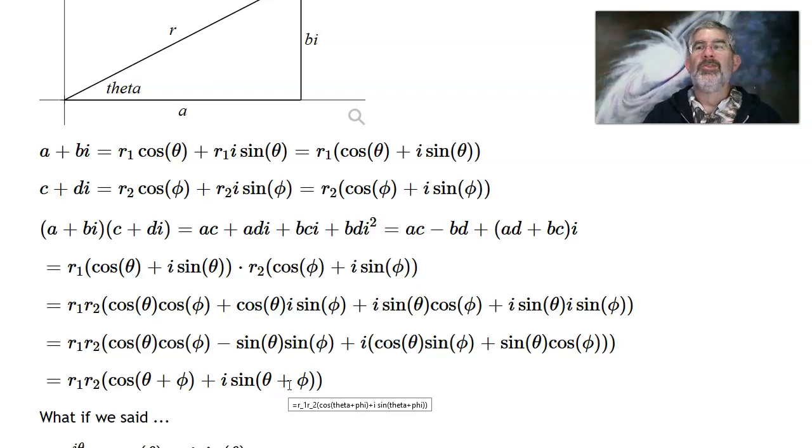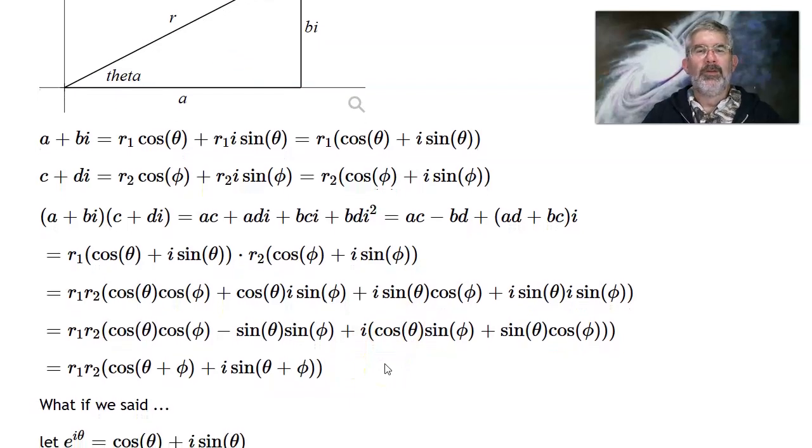This is really cool. This is really, really cool. There's lots of stuff you can do with this because multiplying is just rotating. Right? If you multiply by something on the unit circle that has length 1, you're not changing the length, but you change the angle. So I've done many animations by doing rotation by multiplying by complex numbers.